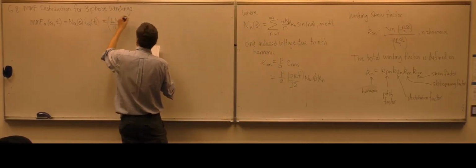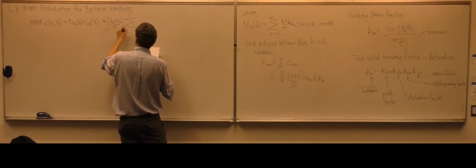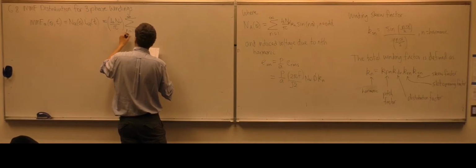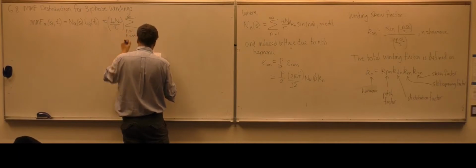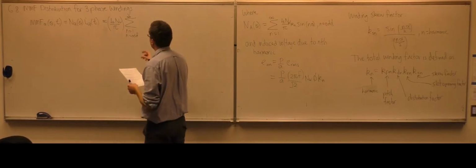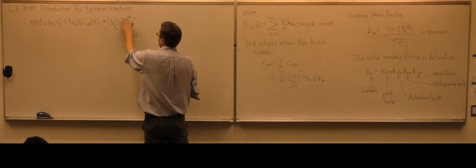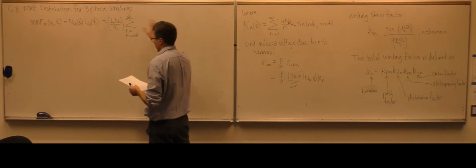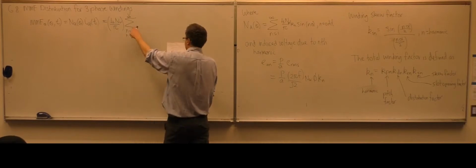We have summation n equals 1 to infinity, and n is odd. All of this analysis here, n is odd.